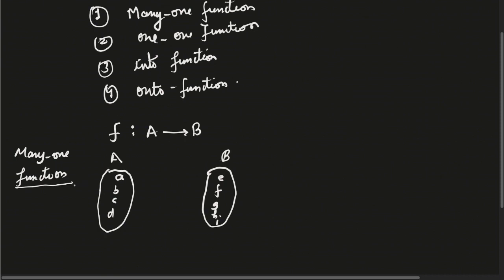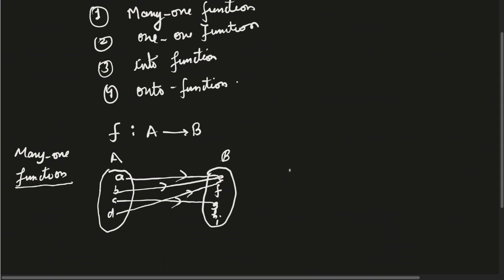So many one function means two or more than two elements in set A, that is two or more than two elements in the domain set, will have same image in the codomain set.